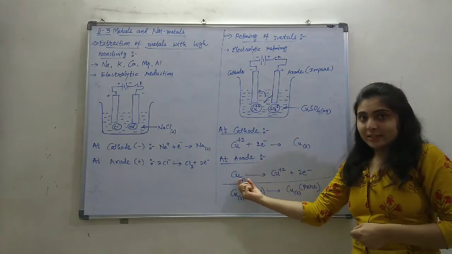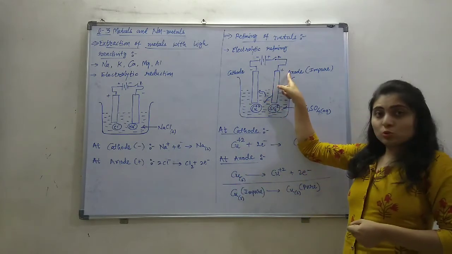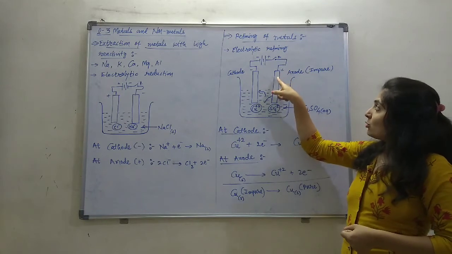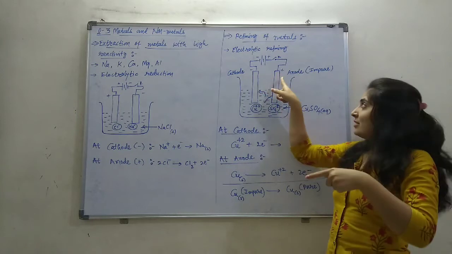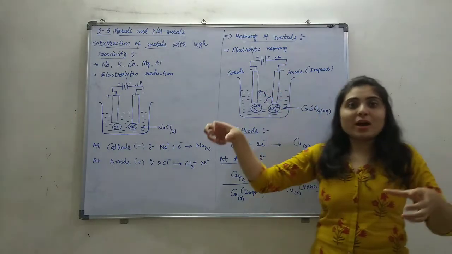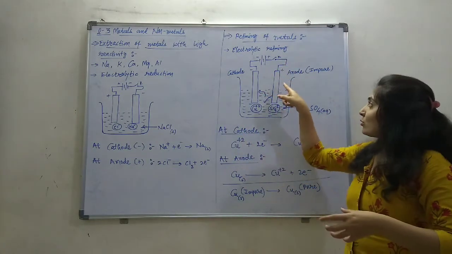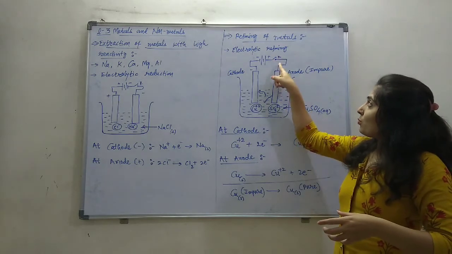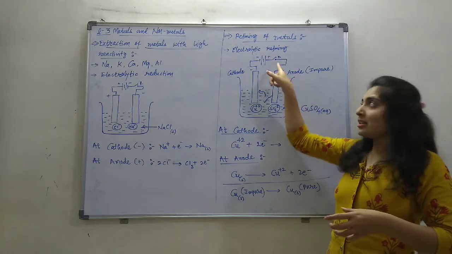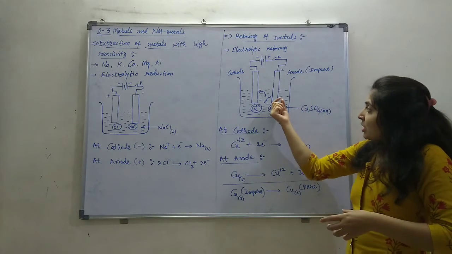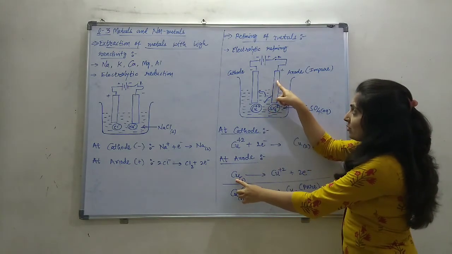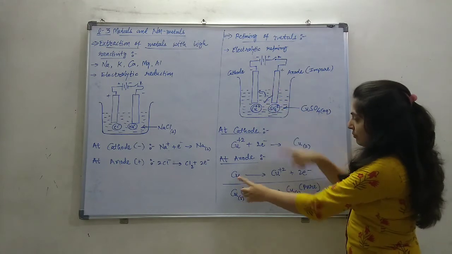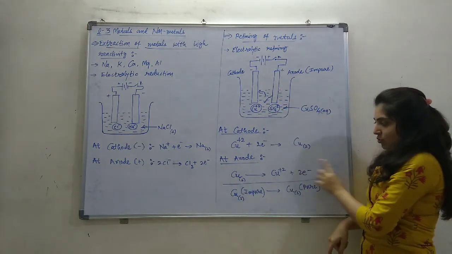Okay. So what happens at the anode? The solid copper atom will release two electrons, and those two electrons will be attracted towards the positive terminal of the battery. Okay. Electrons are moving in the wire towards the positive side. So the copper atom will release two electrons.